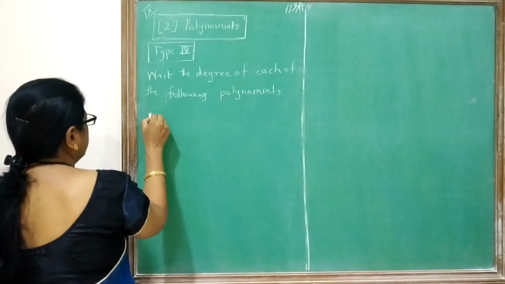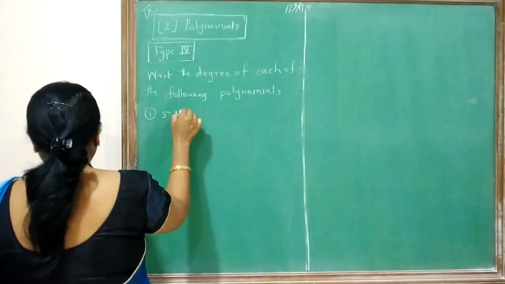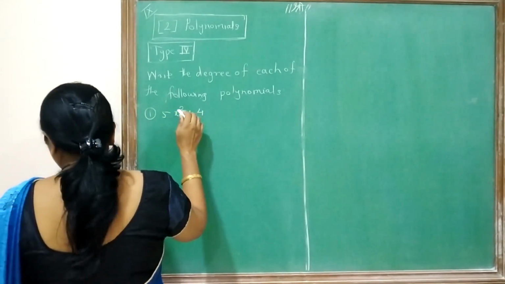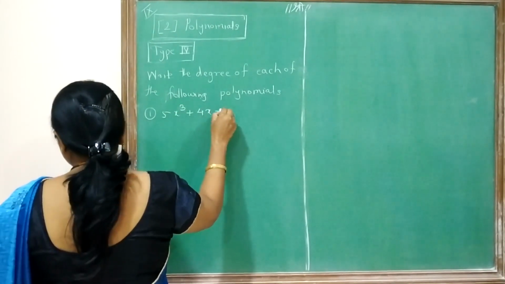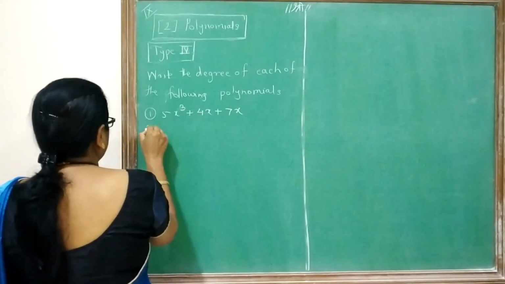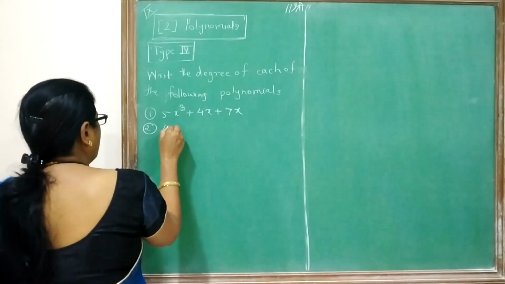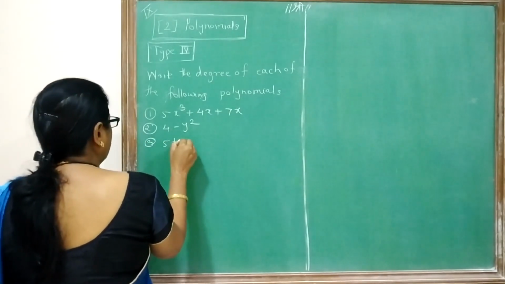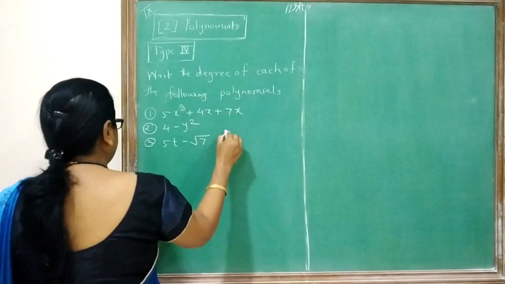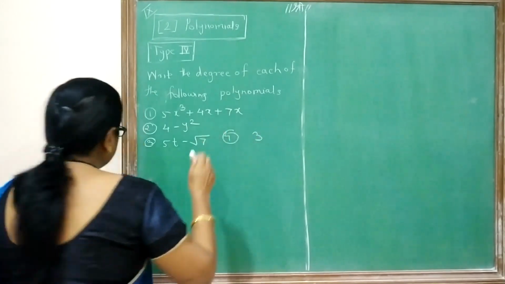Your first example is 5x cube plus 4x square plus 7x. Your second example is 4 minus y square. Your third example is 5t minus root 7. Your fourth example is 3.